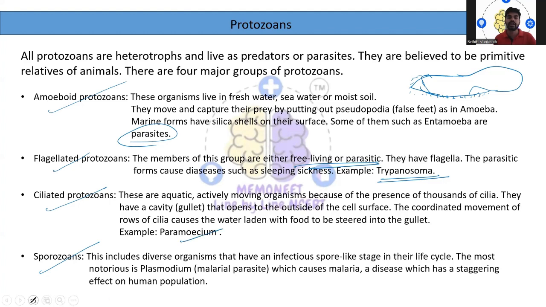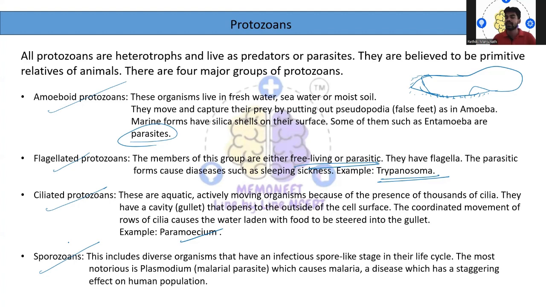Paramecium. Okay, then the last one is sporozoans. They include diverse organisms that have an infectious spore-like stage in their life cycle. Like the malarial parasite, Plasmodium, which causes malaria. In these, you can actually see a spore-like structure during the life cycle.